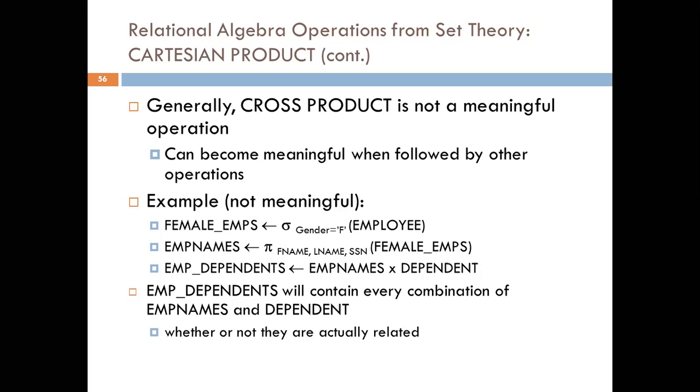There may not be a relationship between each row of dependent and the temporary result employee dependent, so the result will not be a meaningful one. Only when this cross product operation is followed by some select condition does it become meaningful from the perspective of the application.